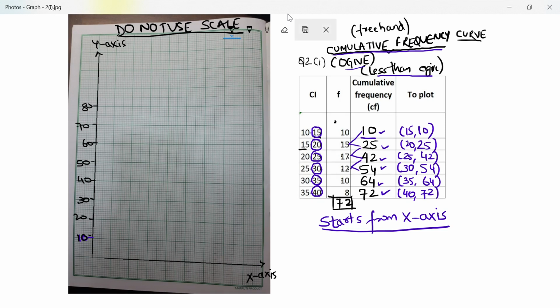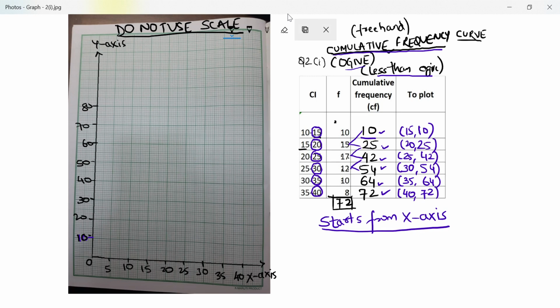Perfect. Here I need to have intervals of 5, right? I can either start with a kink or I can start with a 0, 5, 10, 15, 20. Let me not have a kink. Let me just start with 0 because I will have enough space to go up to 40. 0, 5, 10, 15, 20, 25, 30, 35 and 40. Perfect. So I didn't need to take a kink in this question.